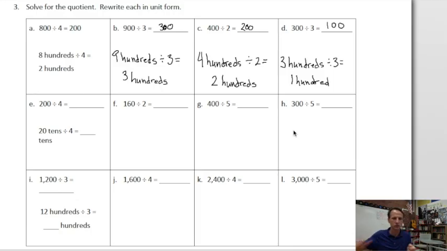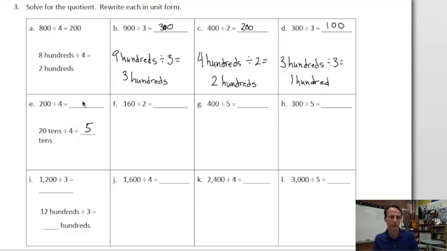1, 2, 3, 4, 5, 6, 7, 8, 9, 10, 11, 12, 13, 14, 15, 16, 17, 18, 19, 20. How many do each of you have? Oh, you have 5 tens each. Just as if I said 20 corn dogs divided by 4, each person gets 5 corn dogs. 20 tens divided by 4 is 5 tens.